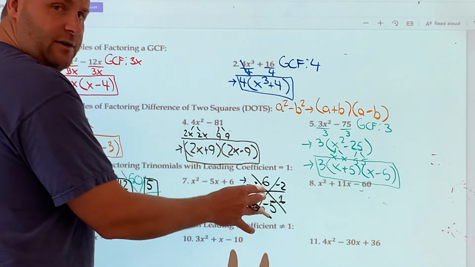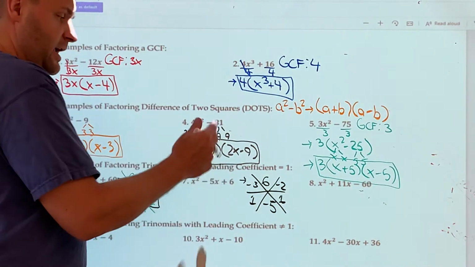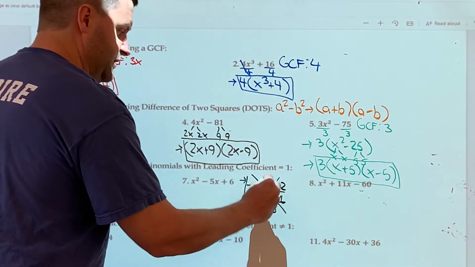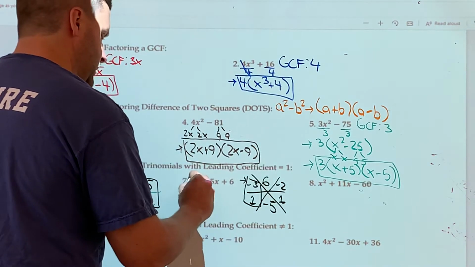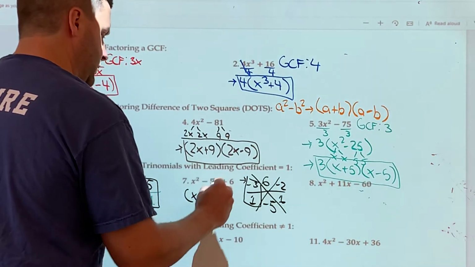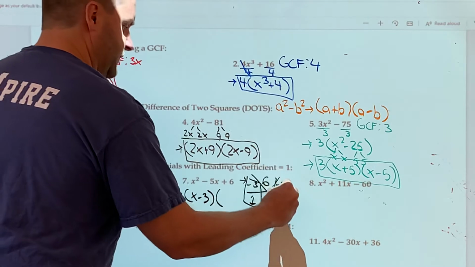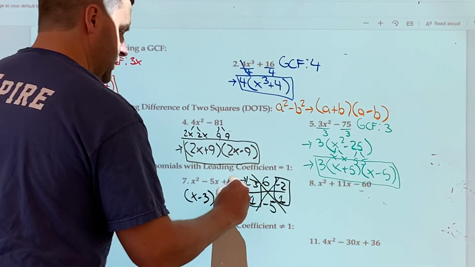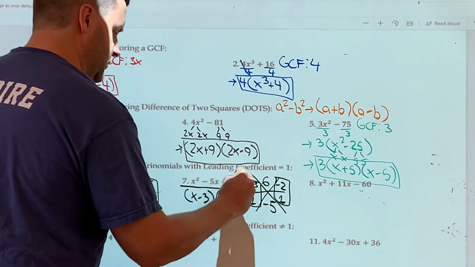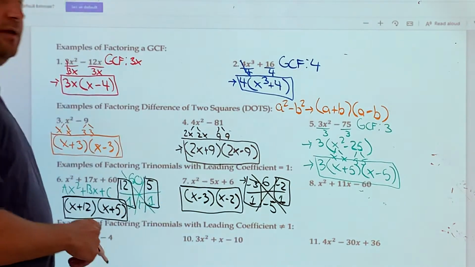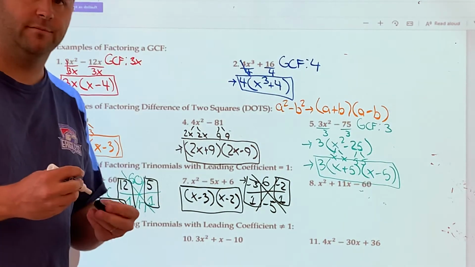Now that we filled out the star, let's write out our factors. Just look at the fractions here. What is negative 3 over 1? Negative 3, right? What is negative 2 over 1? Negative 2. So x minus 3 and x minus 2, and done. Factored right there.